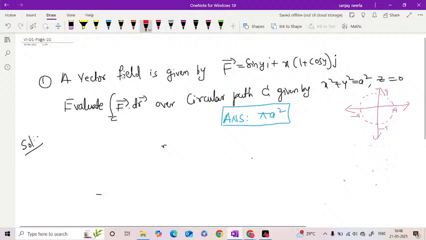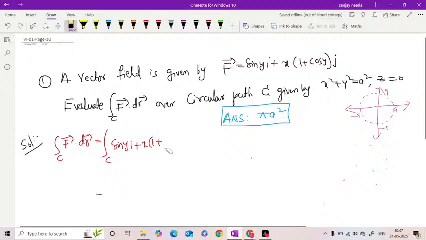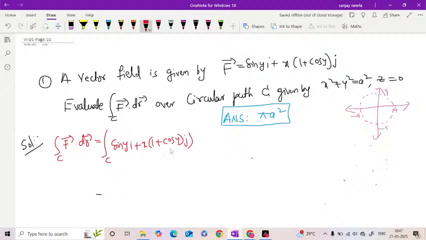Now what is the line integral here? Integral c f dot dr is equal to whole integration of c, sin y i plus x into 1 plus cos y into j, into dx i plus dy j plus dz k.